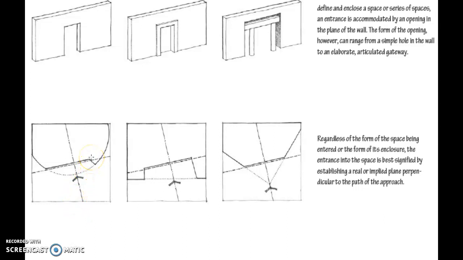It is right perpendicular to your axis. So now if you see, this is the frontal approach to any building, and you have the entrance right at 90 degrees to your pathway or approach. If you are entering sideways or in an oblique manner, you might not find it that relevant to enter.